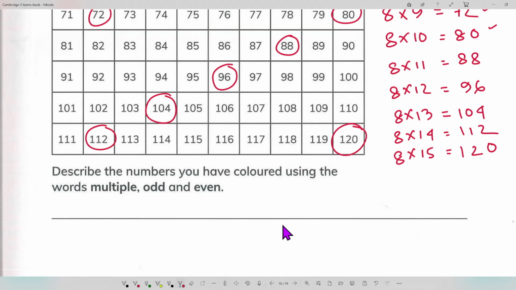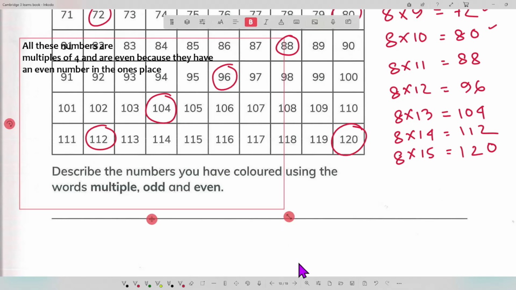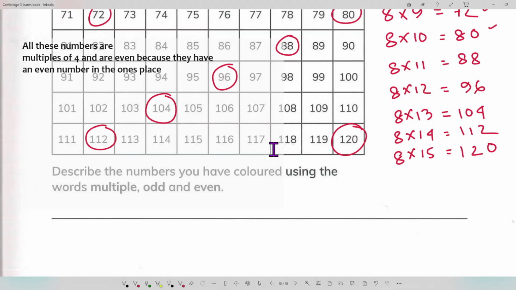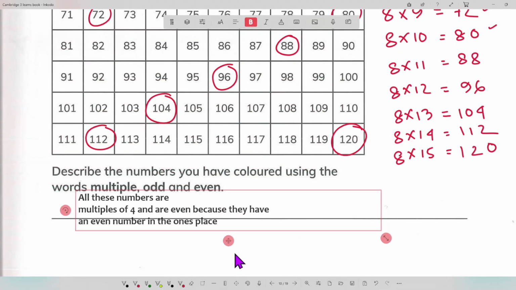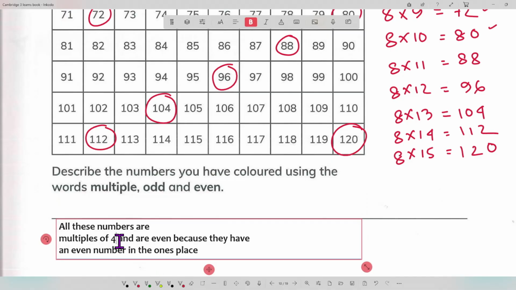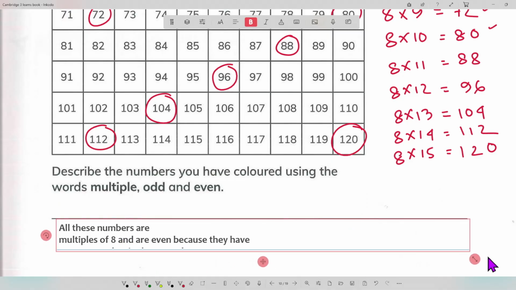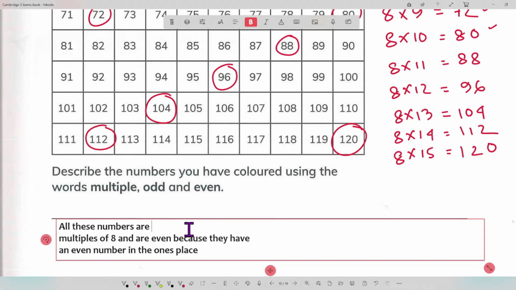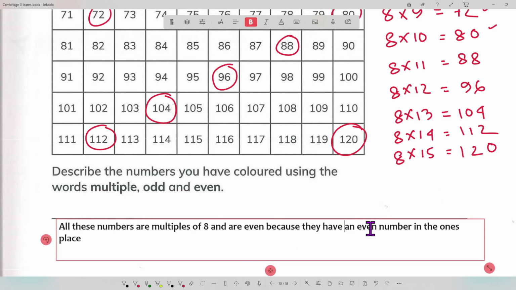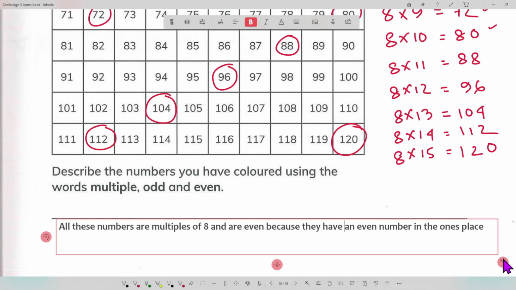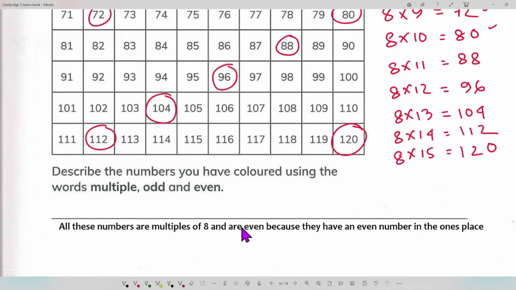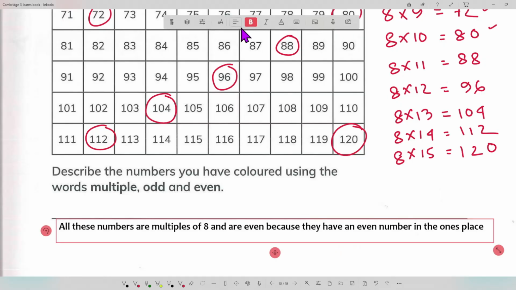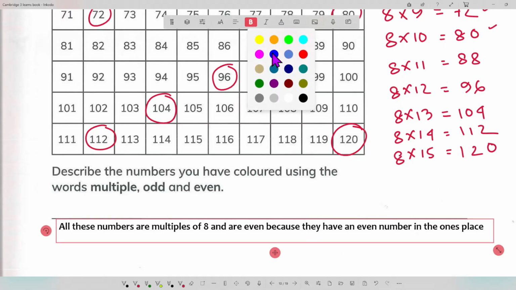So it's similar to 4. All the numbers here we can just change the number, it should be 8, right? Even, everything is the same, all the numbers are even in the ones place. So this is our answer, we can make it colored.